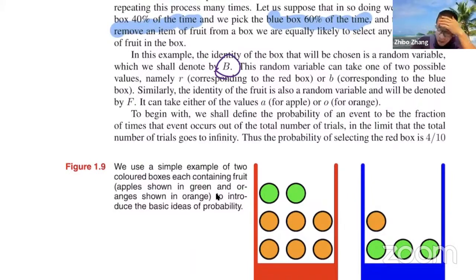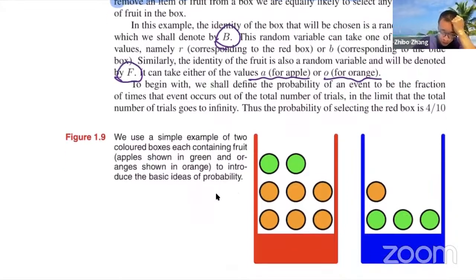This random variable can take one of 2 possible values, namely r or b, which is the red box or the blue box. Similarly, the identity of the fruit is also a random variable and will be denoted by F. It can take either of the values a for apple or o for orange.